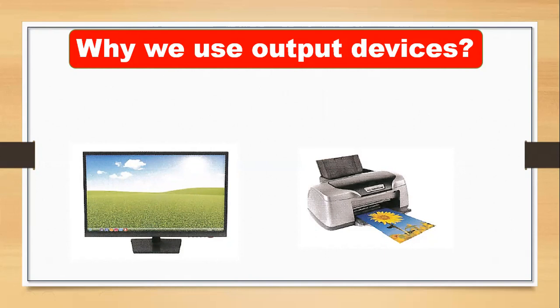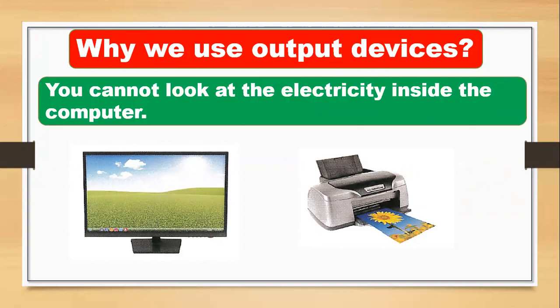Just keep in your mind, anything that comes out from the computer will be an output device, and anything that goes inside the computer will be an input device. I'm going to explain later. So why do we need an output device?